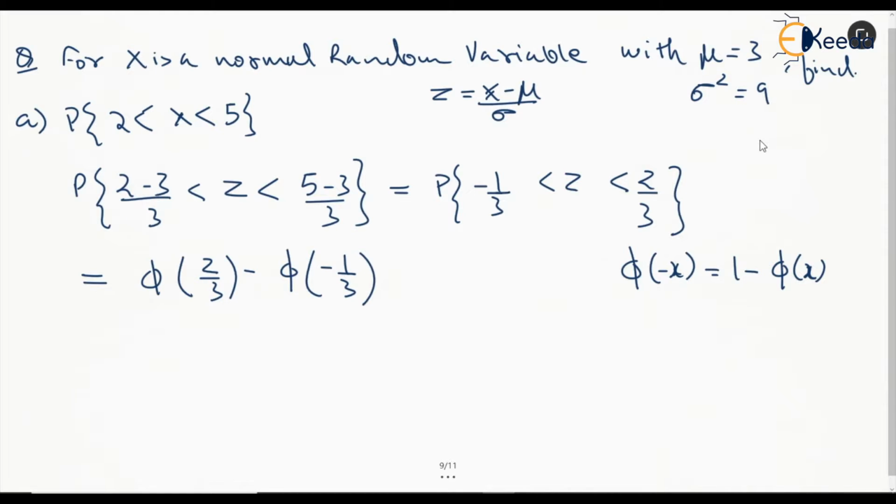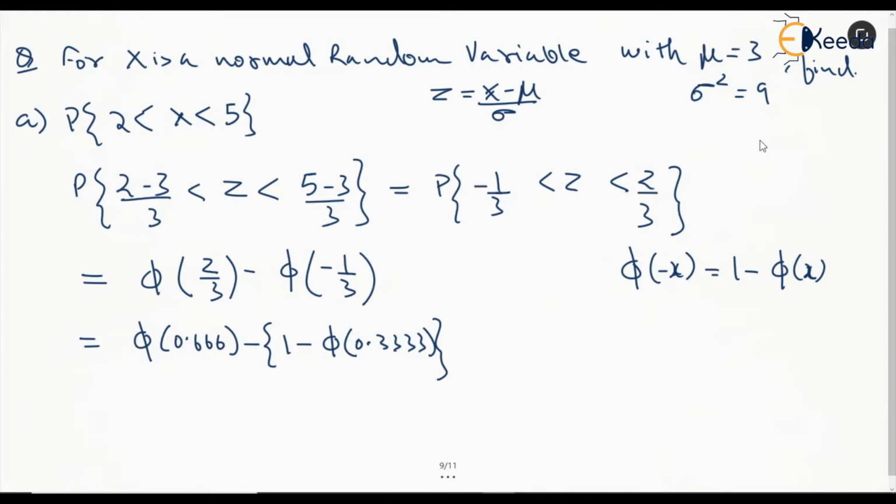So this will become phi of 2 by 3, which is like 0.666, minus 1 minus phi of 1 by 3, which is 0.3333 and like that.